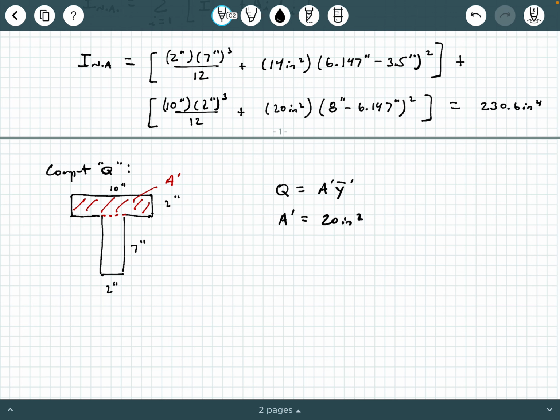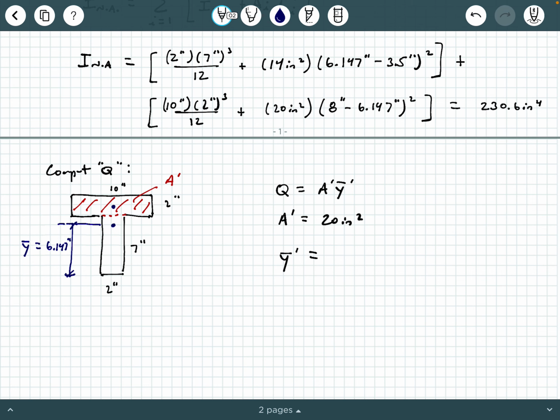Now, what about Y prime bar? Well, Y prime bar is the perpendicular distance from the centroid of A prime to the overall centroid of the entire section, okay? That overall centroid, we calculated that earlier, that's Y bar, and that was 6.147 inches, okay?